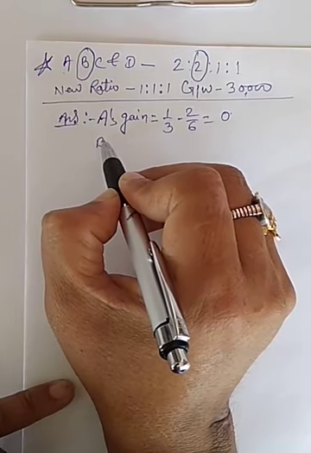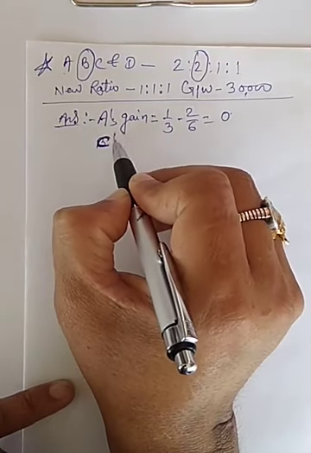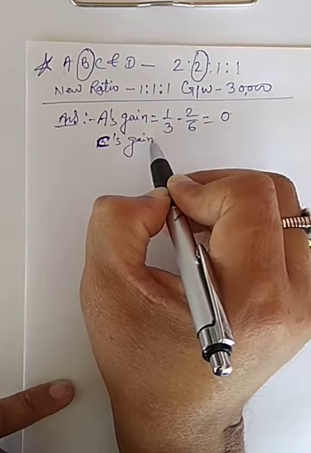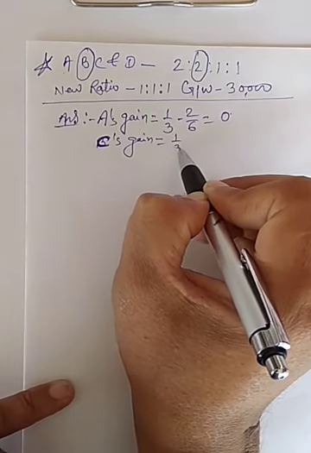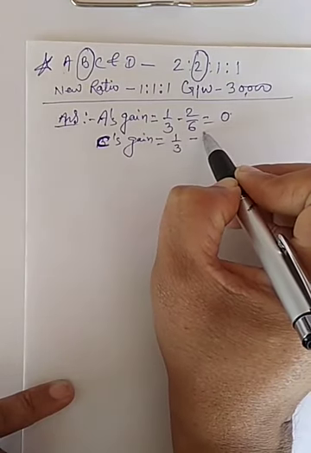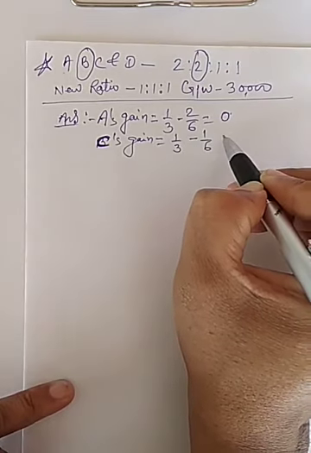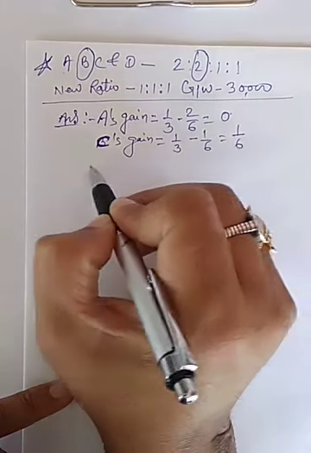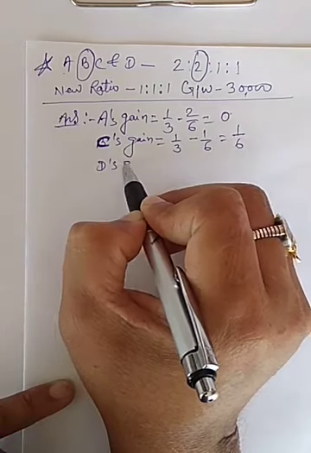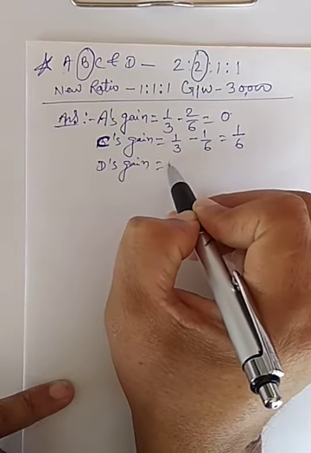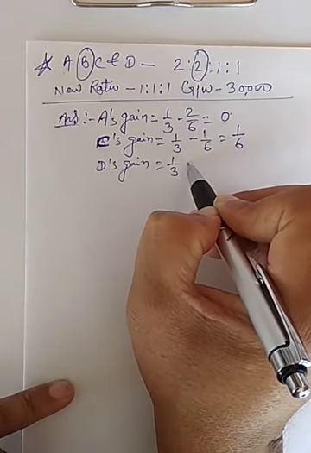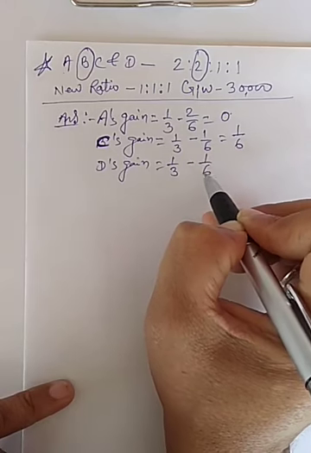C's gain equals 1/3 minus 1/6. It will be 1/6. D's gain equals 1/3 minus 1/6.